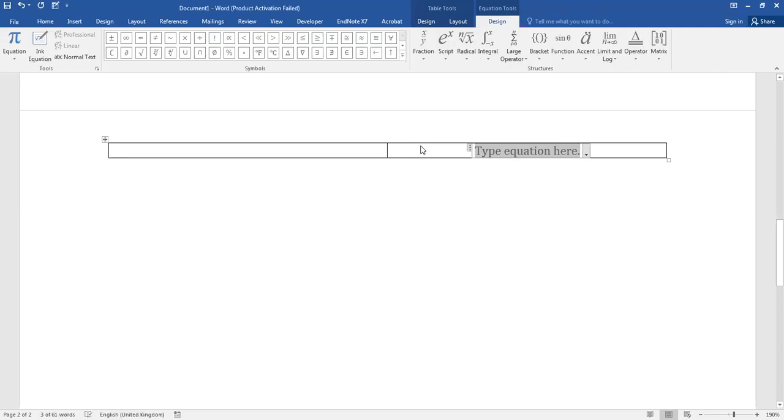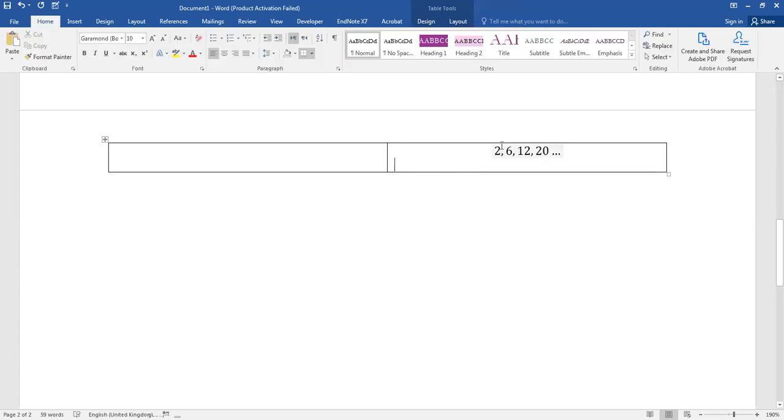Okay, so now let's move on to quadratic sequences. Let's write a few numbers: 2, 6, 12, and then 21. What trend do you see in this?